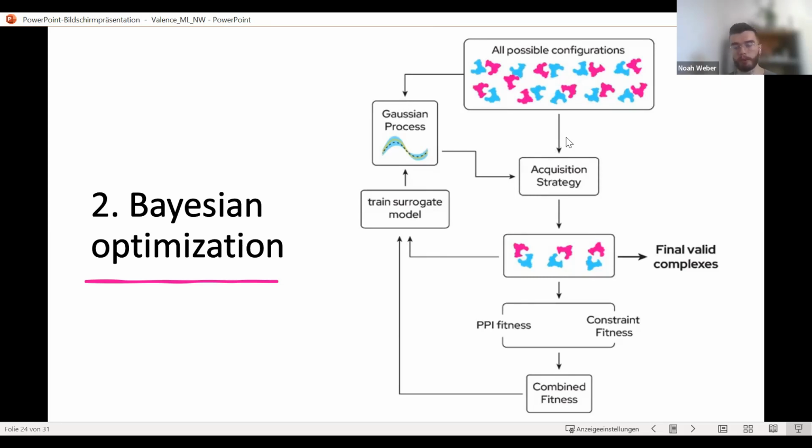We decide whether we want to explore or exploit. I mean, it's essentially a hyperparameter that we must decide, and then we repeat the process. Hopefully, in the same process, we are converging towards the most optimal space. And after a predefined number of steps, which we back tested, we have our final valid complexes, meaning the complexes that we predict are suitable to be ranked as stable.